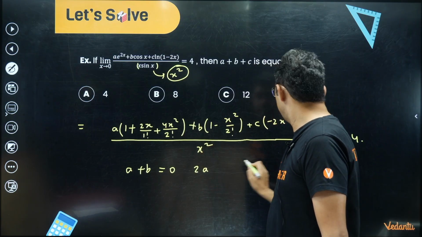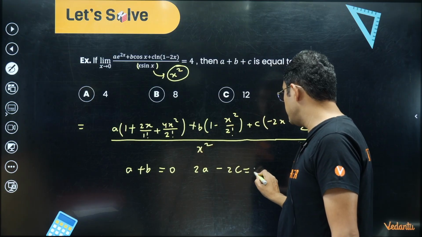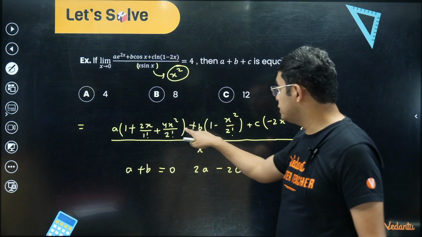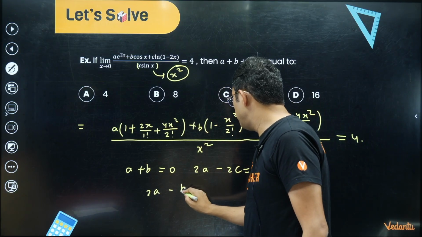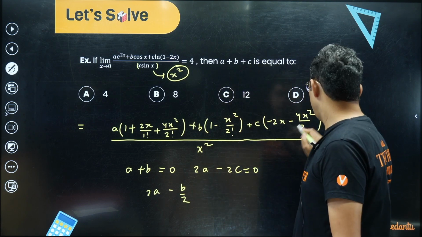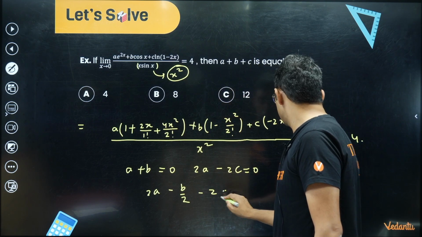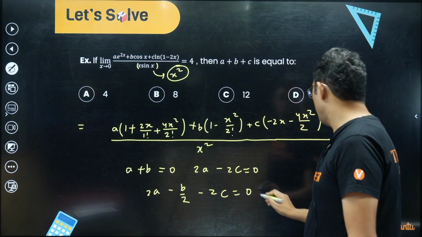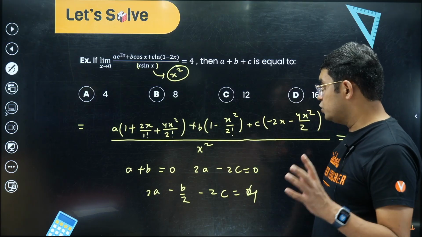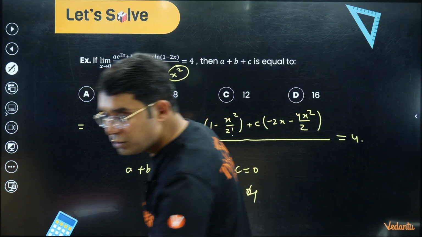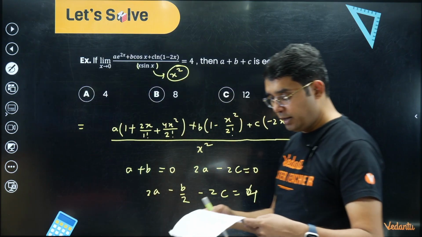So 2a minus 2c will also be 0. And then the coefficient of x square, which is 2a here, minus b by 2 here and minus 2c here, will be equal to 4. Okay, so these are three equations and we just need to solve them and we will get the answer.